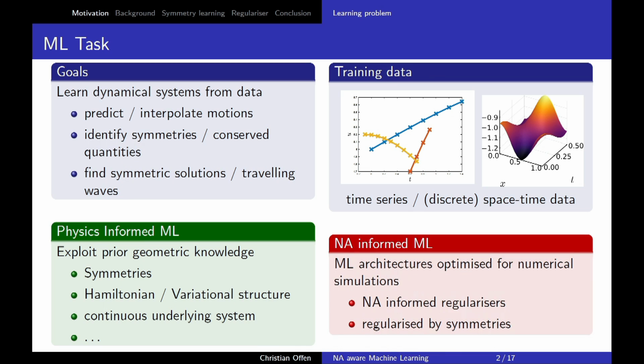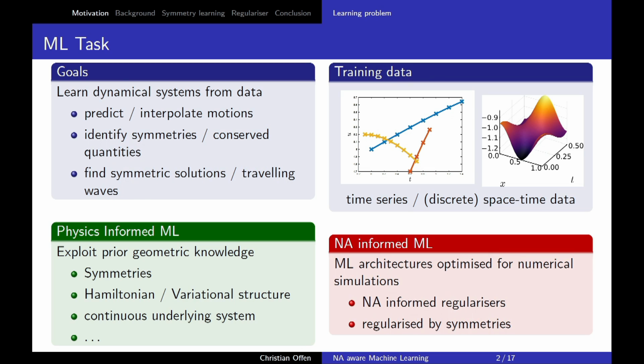Okay, and what I would like to show you, so I will concentrate on Hamiltonian and variational structure today. And when you learn these systems, with especially variational structure, you would like to find a good representation that helps you later on in your numerical simulations.